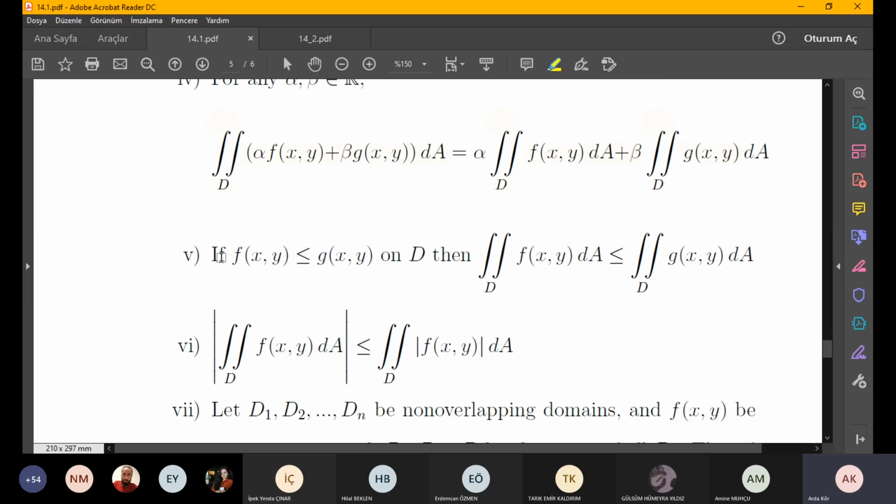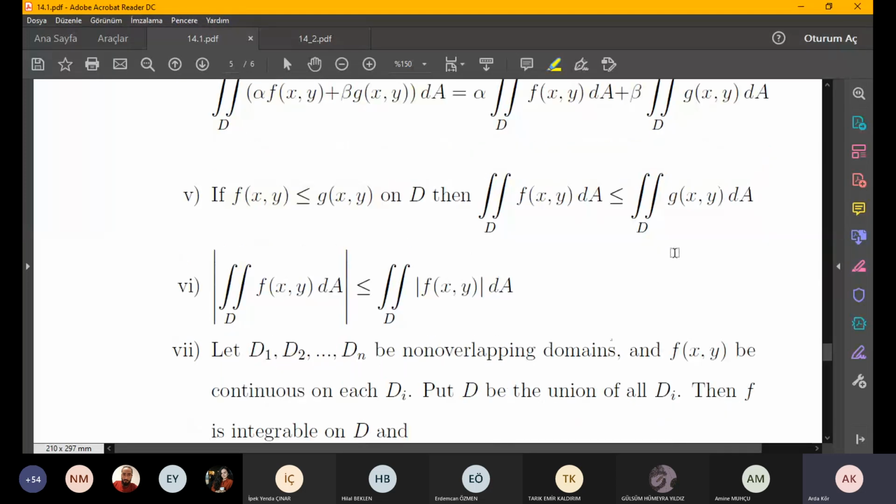And again we have this one for the definite integral.